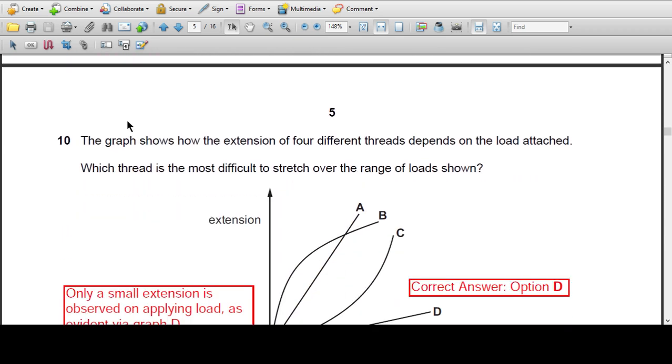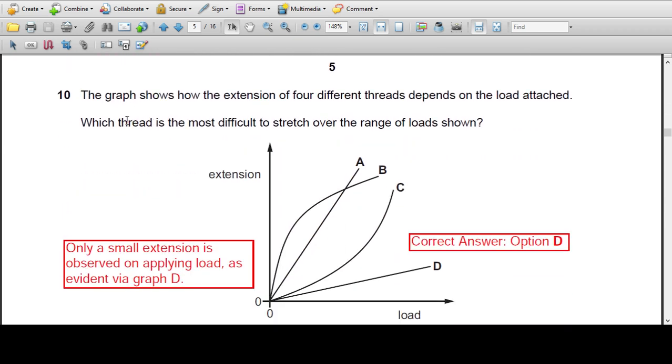Now question number 10. The graph shows how the extension of 4 different threads depends on the load attached. Which thread is most difficult to stretch over the range of load shown?